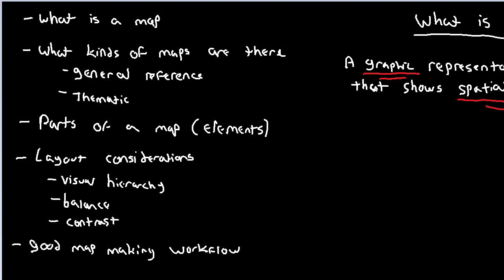How can we structure our approach so that we're able to come out with a good map that is scientifically and cartographically accurate, and preferably not wasting too much time in the process.